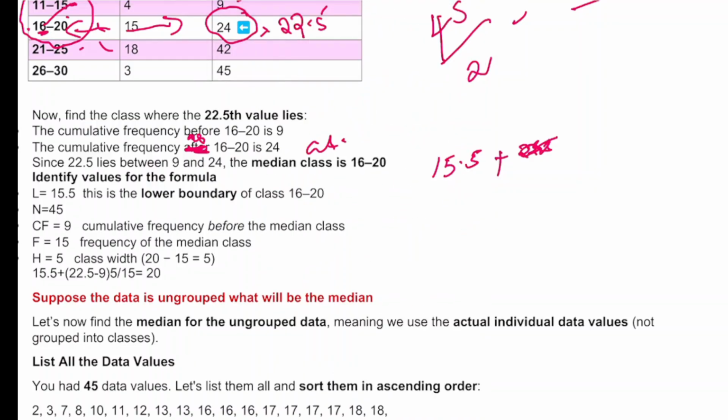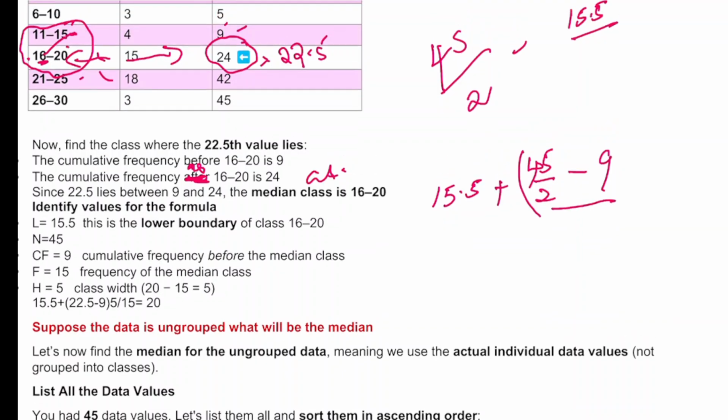We said 45 divided by 2, then minus CF, which is 9, divided by the F, the frequency, which is here, 15. And then you close the bracket, times 5.